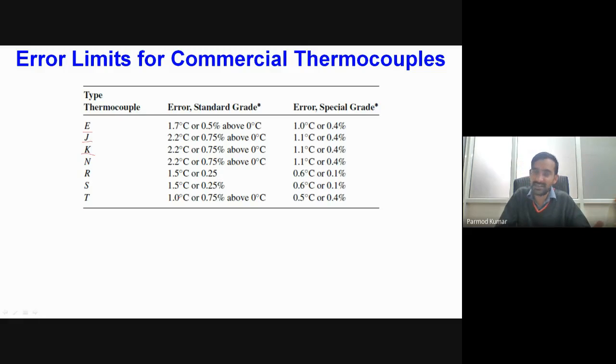Okay, so these can be employed. But if your error of measurement or sensitivity of measurement is very precise, then obviously you have to select the type of thermocouple which is having the least error. Okay.